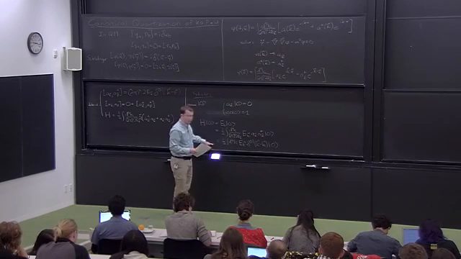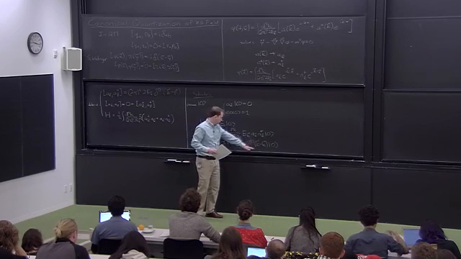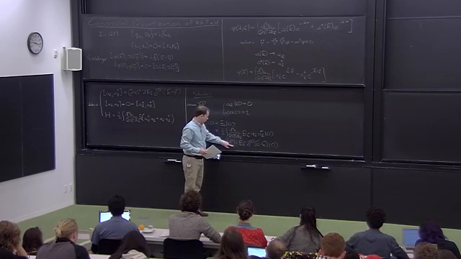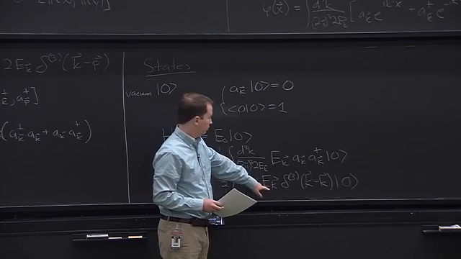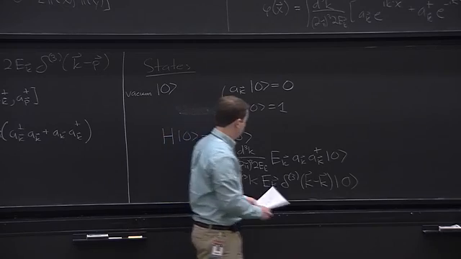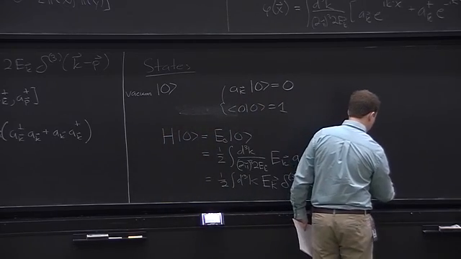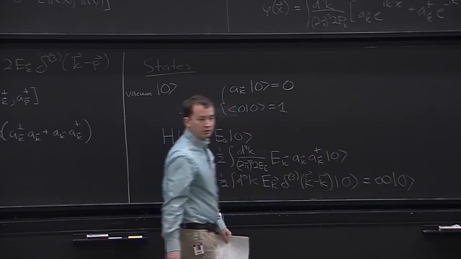which looks horribly divergent. So we've got delta of 0, and this integral over all momenta of something that grows as the magnitude of the momentum gets large. So this diverges.